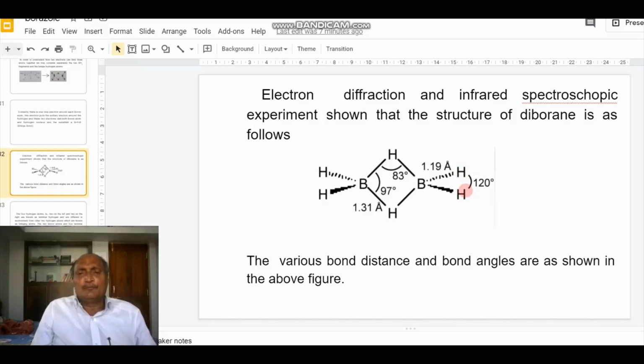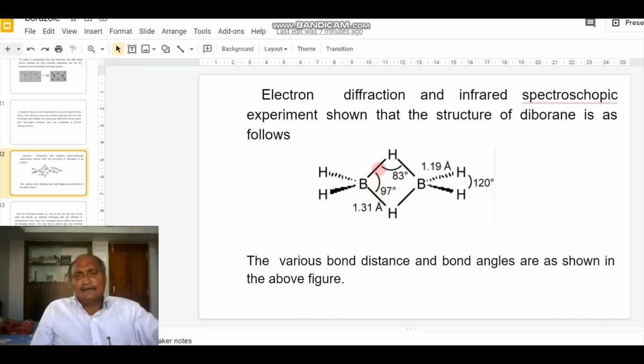Here, the bond angle between the terminal hydrogen atoms at one boron atom, H-B-H, is 120 degrees, whereas the bond angle at the boron atom, B-H-B, is 97 degrees.